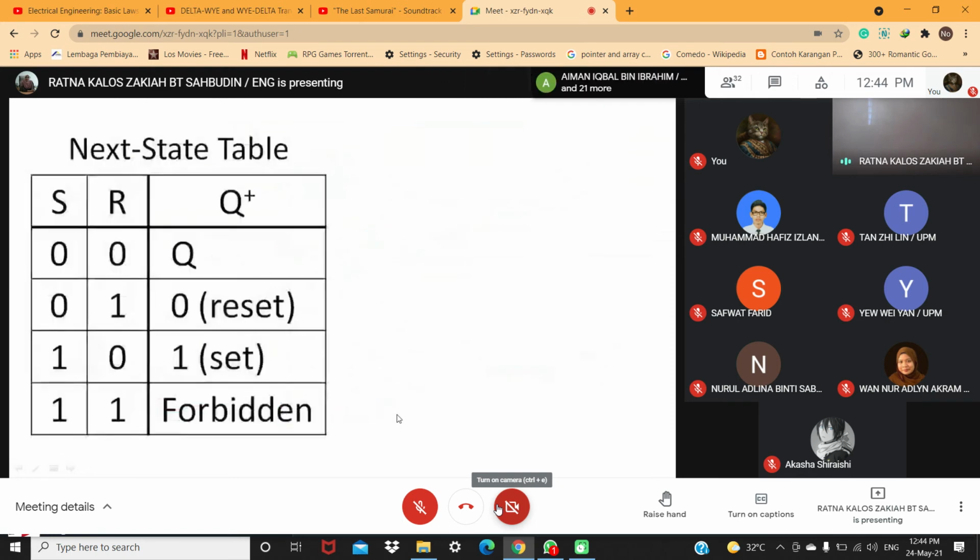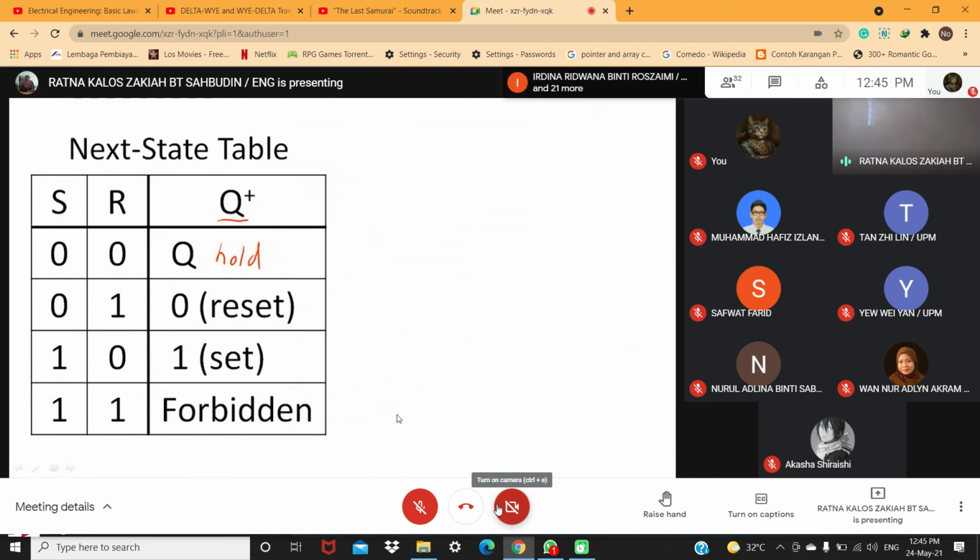We can describe the SR latch's behavior with 2 tables. We use the first table when we know the inputs and the value of the current state Q, and we want to know the circuit's next state, Q+. So here we see that the first input combination holds the current state into the next state. The second input combination resets the next state to 0, hence why R is 1 for reset.